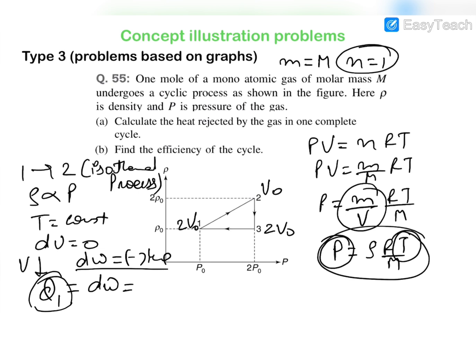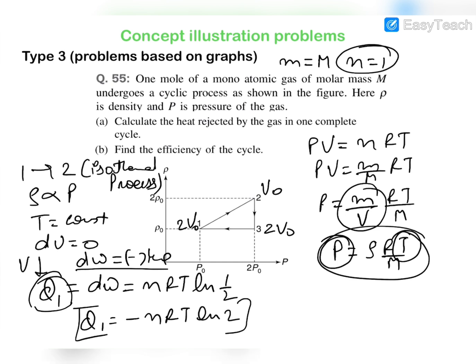And dW will be nRT ln of V final by V initial, and it would be 1 by 2, which can be written as minus nRT ln 2. This negative sign denotes that Q is rejected heat.